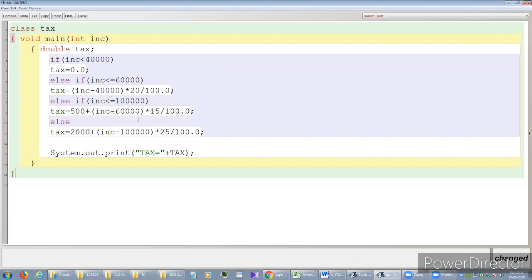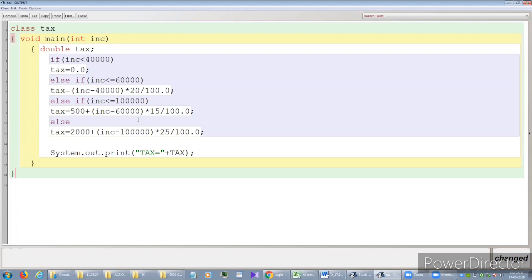Now if the user earns 80,000, what do you have to pay? It will move on to the third slab, which is not less than 40,000, not less than 60,000, but less than 1 lakh. So tax is 500 plus 15% of the income above 60,000: 80,000 minus 60,000 is 20,000, then 500 plus 15% of this 20,000.